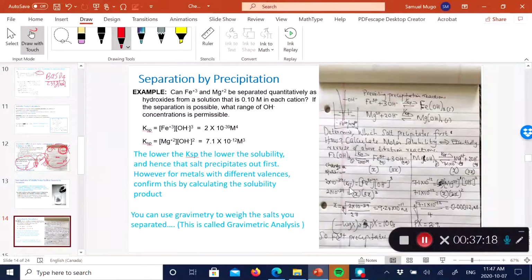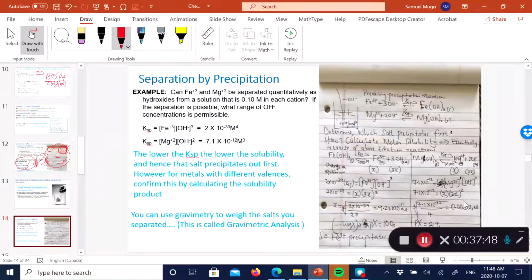And then I can use my KSP expression. The KSP is equal to this. And I can substitute my respective equilibrium concentrations, the x raised to a stoichiometry, which is 1 in this case, and for the hydroxide it is 3x raised to a stoichiometry, which is 3. And you can see after I do my calculation to determine the x, I get 9.27 times 10 to the power minus 11 molar concentration.